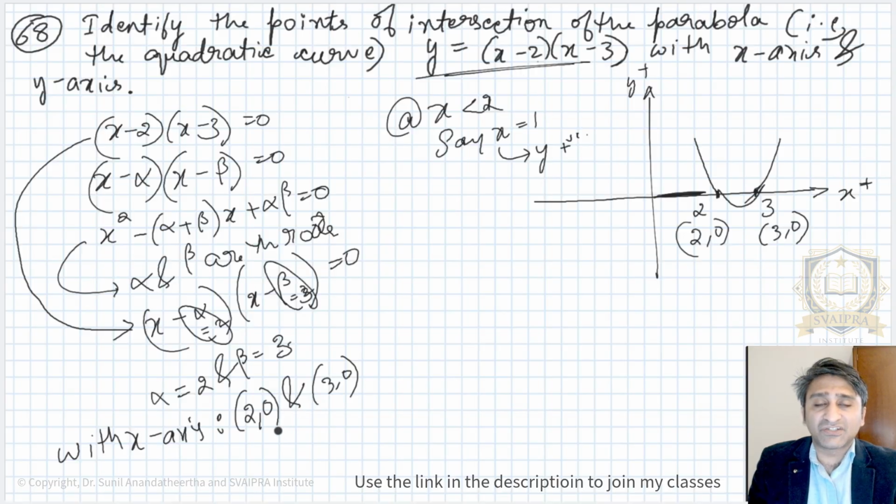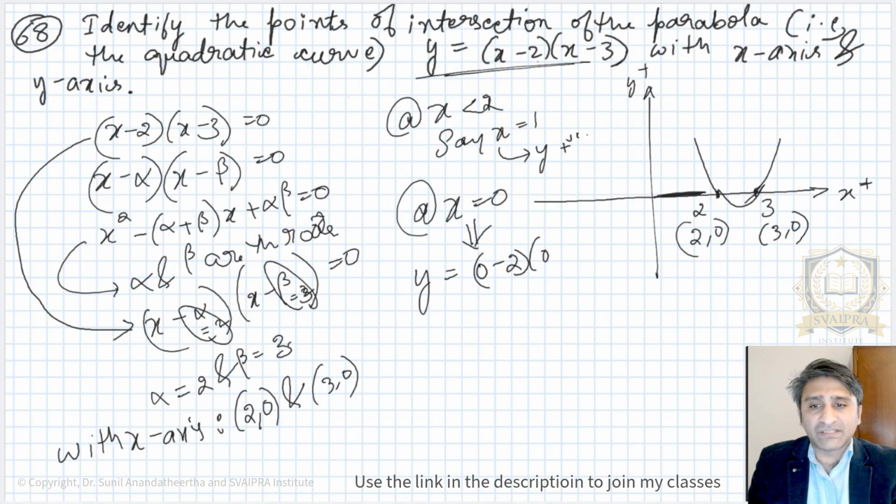Now let's see whether it actually intersects with the y-axis or not. If I substitute x equal to 0, what's going to happen to y? y is going to be (0 minus 2) times (0 minus 3), which is plus 6. So this parabola is going to touch the y-axis at an intercept of 6.